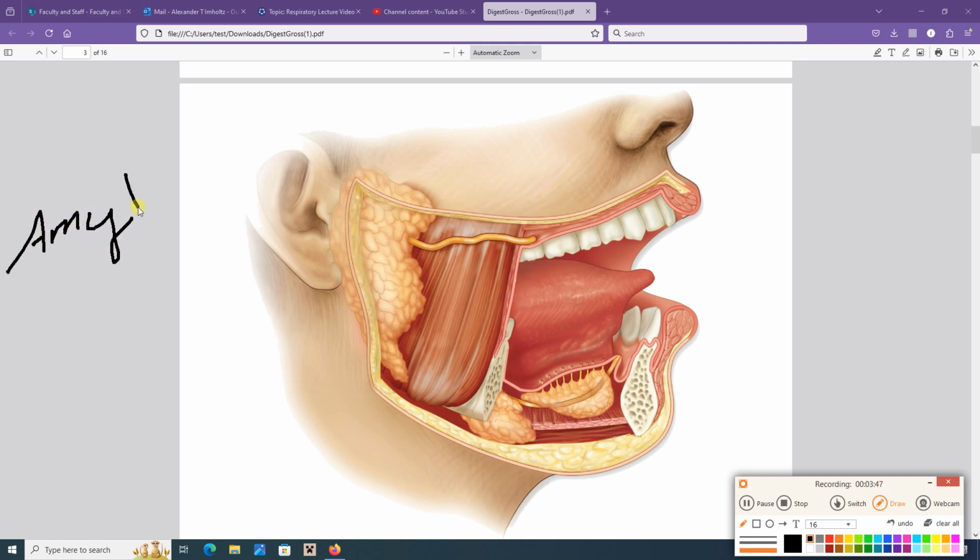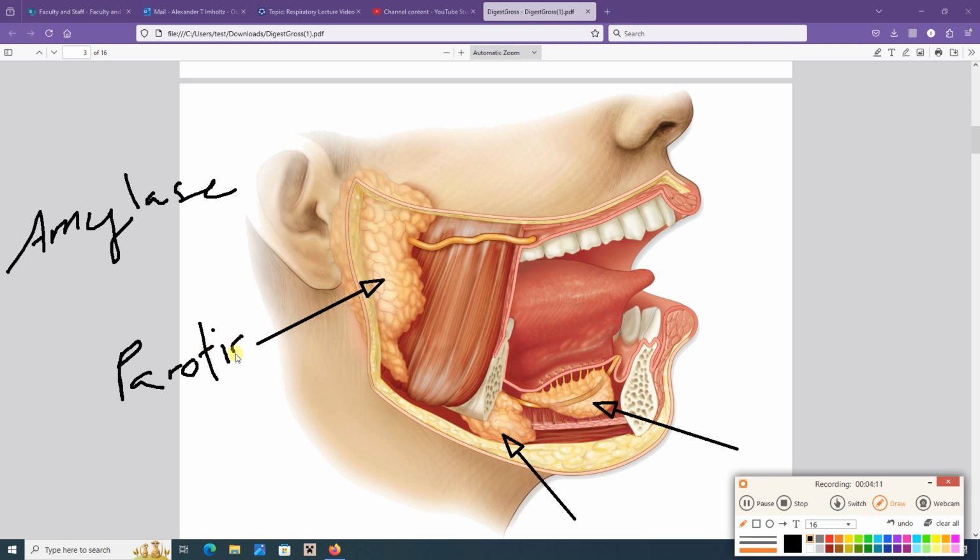When you're using an enzyme to do digestion, that's called chemical digestion. So there are three visible salivary glands in this picture here. And by the way, these are all called extrinsic salivary glands because they are outside of the oral cavity. There are intrinsic ones in your tongue and your lips and your cheeks as well.